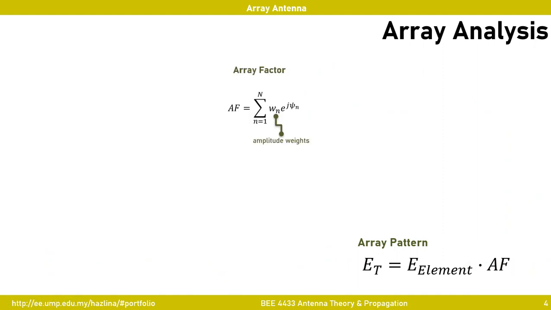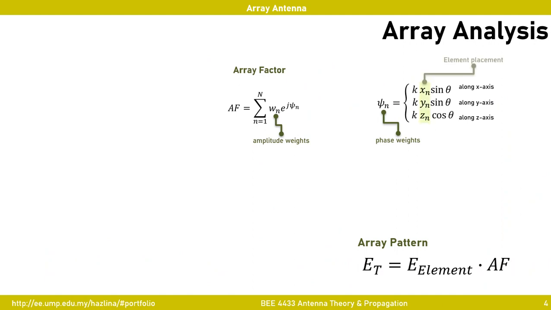Array factor is the summation of complex valued array weights in terms of amplitude and phase. Phase weights contain the properties of element position in terms of its spherical x, y, and z coordinates, while k is the wave number which contains the properties of wavelength.